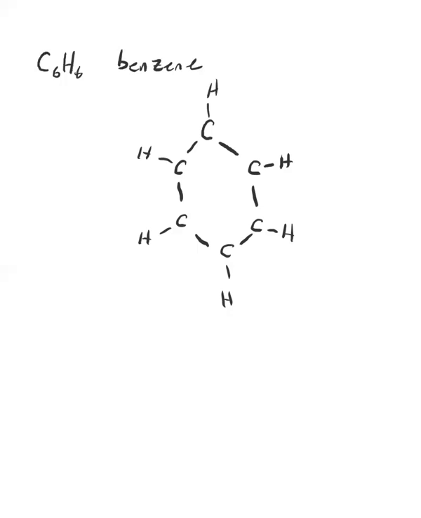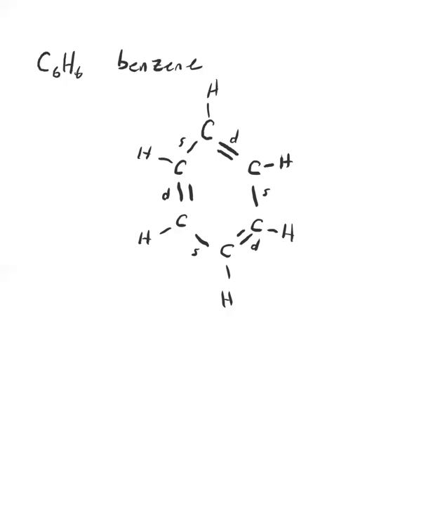And then you get 2 possible structures. So here's 1, where you have a double bond, a single, a double, a single, a double, a single. We call that alternating double bonds, meaning that each carbon atom has 1 double bond, but not all the bonds are double. It's double, single, double, single, double, single.